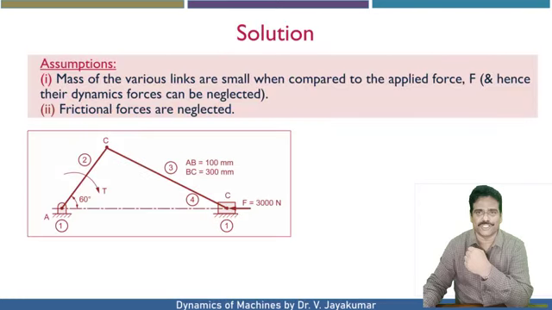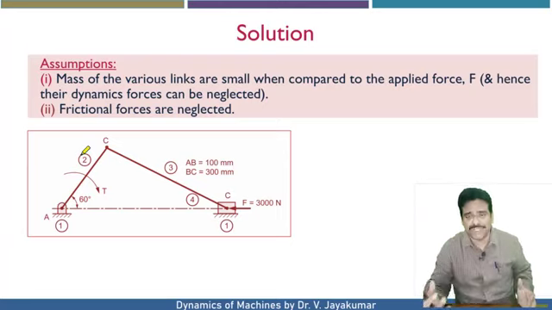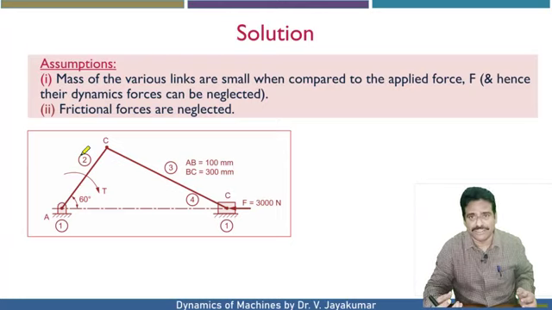Before getting on with the solution, we have to understand how a slider crank mechanism can come under static force analysis. Considering the mass of the piston and connecting rod, it has significant acceleration. In that case, it cannot be a static force analysis problem.